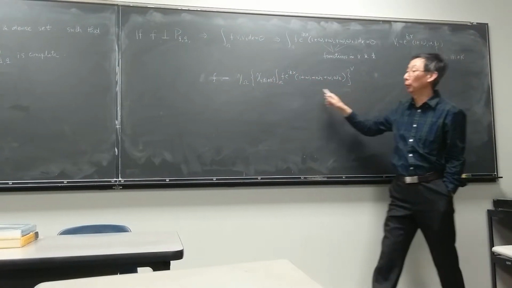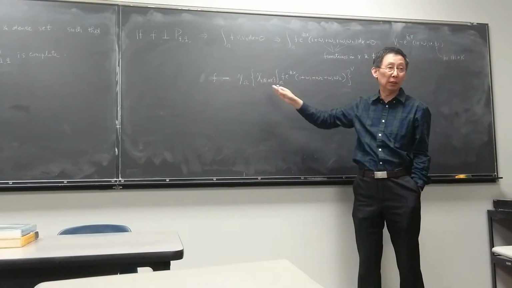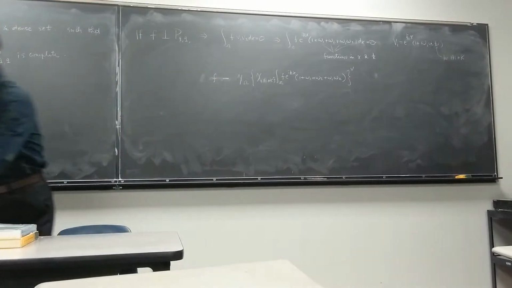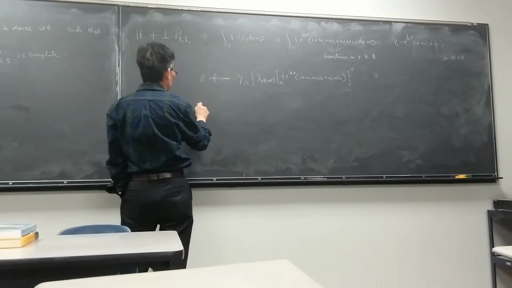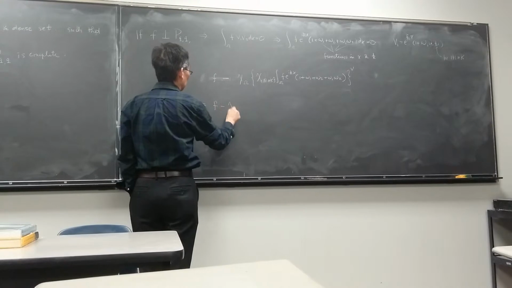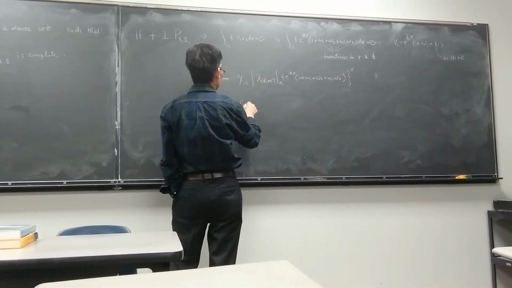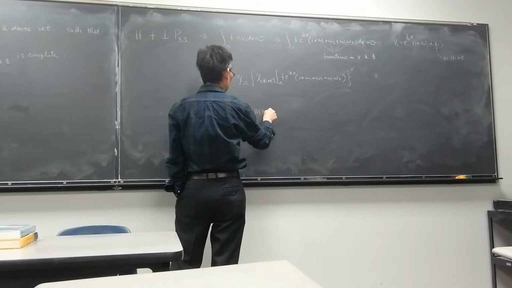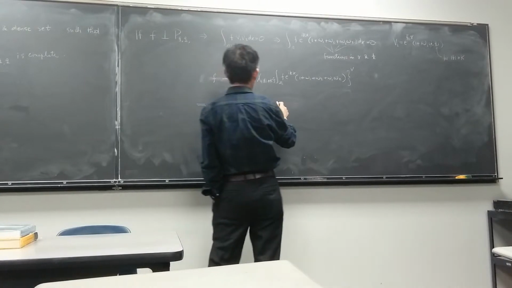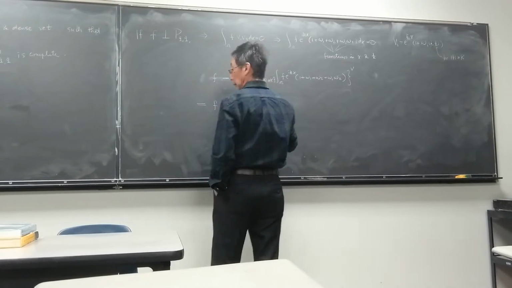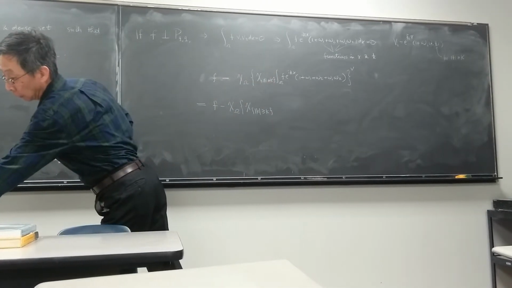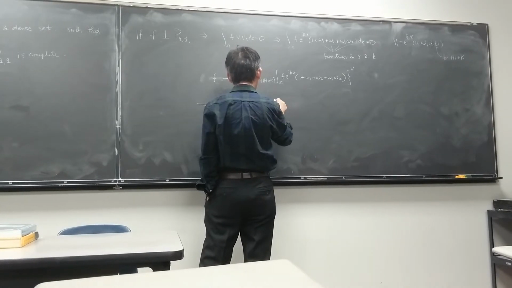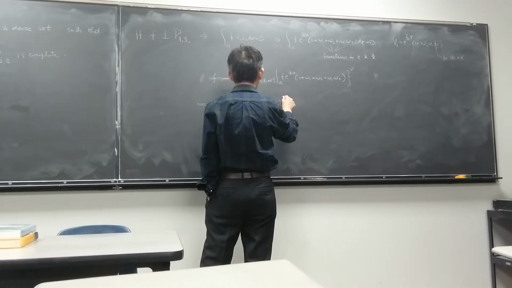Although this transformation is pretty complicated, I can rewrite this transformation in some simple way. I can split this into f minus the first part. You take the Fourier transform of f, then take the inverse Fourier.